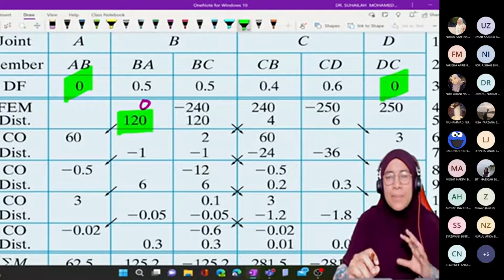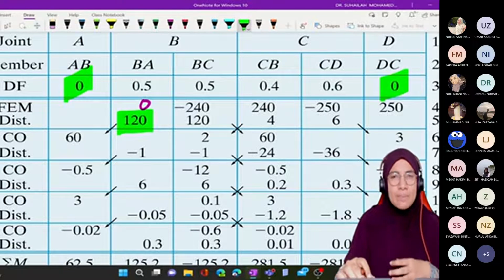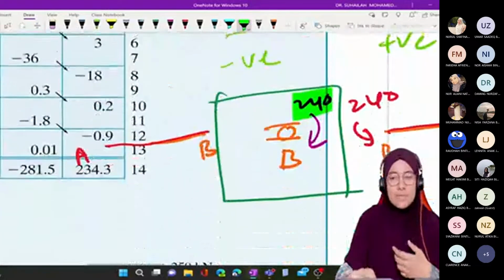120. But the actual process is we distribute the joint moment. The joint moment at B is positive 240.